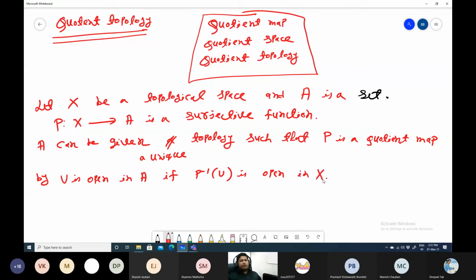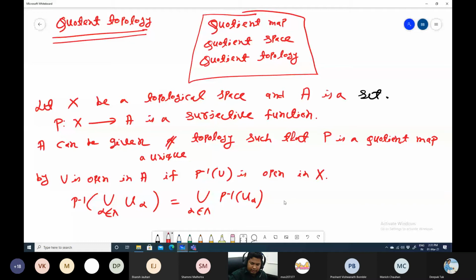In this way, you can define the open sets in A, and it is easy to verify that P inverse of an arbitrary union is equal to the union of the P inverses, and P inverse of the empty set equals the empty set.